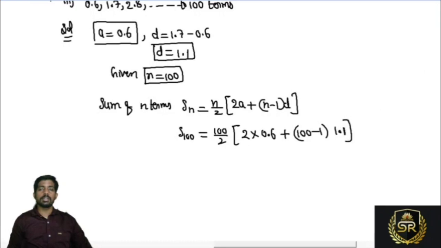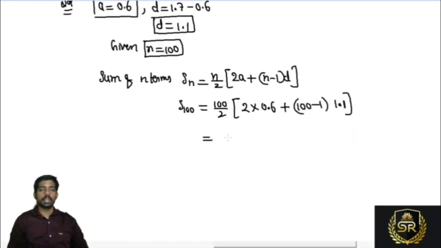So 100 by 2 is 50. 2 sixes are 12, so 1.2 plus 99 into 1.1.